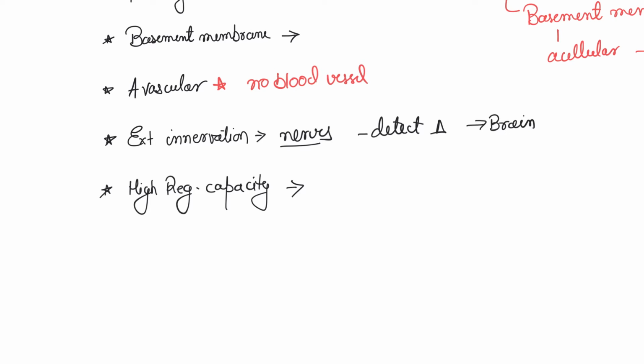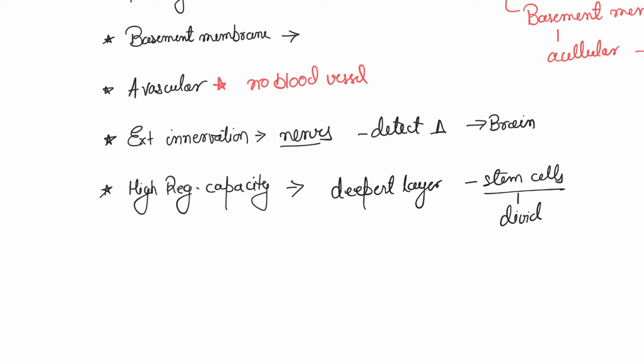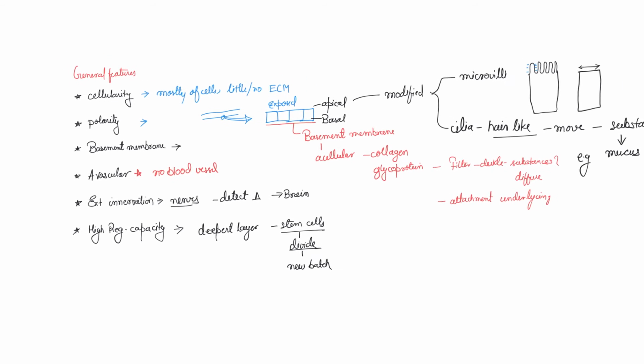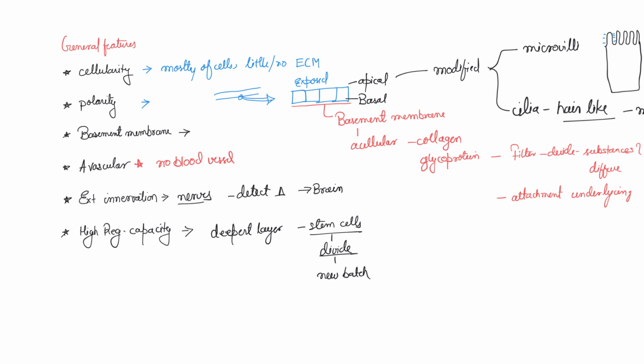So because of a few stem cells, if there are multiple layers, the deepest layers of epithelia will have stem cells. Now these stem cells will divide and keep on producing a new batch of cells which will help you regenerate the lost part. So these are the general features that you would be seeing in each and every type of epithelium that we will come across.